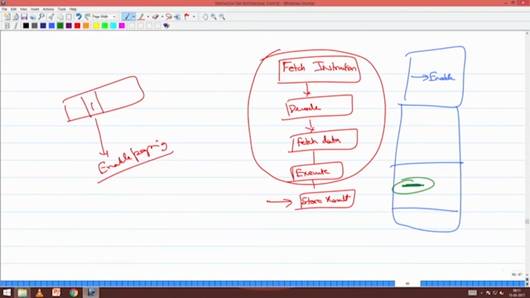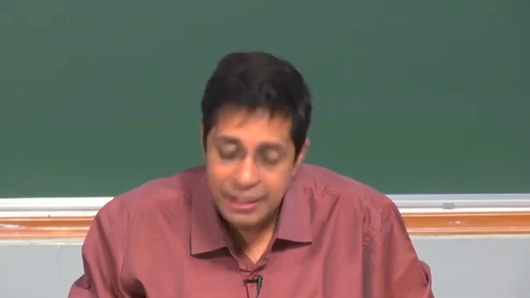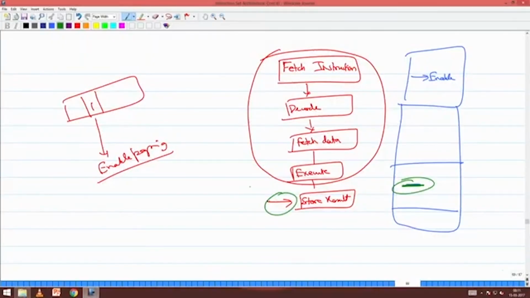Then if your processor is not working correctly according to this, will it actually work correctly? No, because by the time you store this result, 4 of these instructions could already be populating this pipeline. By the time you realize that this instruction is enabling paging, 4 other instructions that follow could have populated the pipeline, and they need not be the instructions that should be executed after it.